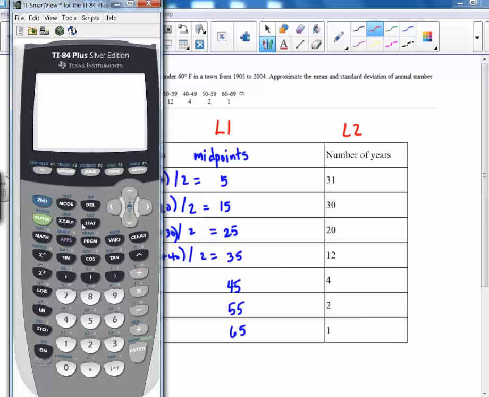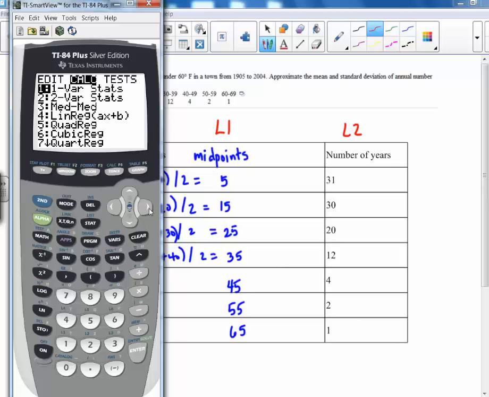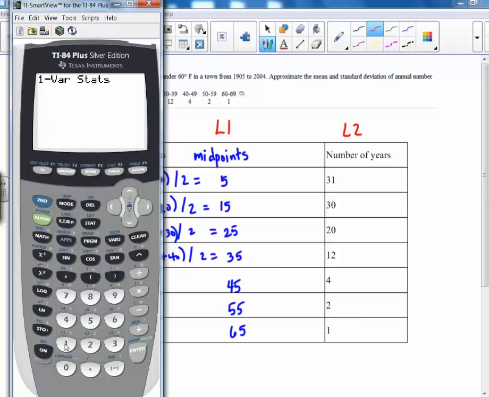I'm going to press the Stat key, and this time I'm going to toggle to the right to Calc. And I want choice number 1, which is called One Variable Statistics. And it puts one var stats on my screen, and the calculator is waiting for me to tell it which list to look at. And I have 2 lists that I want it to focus on.